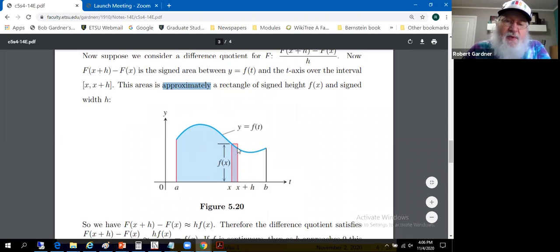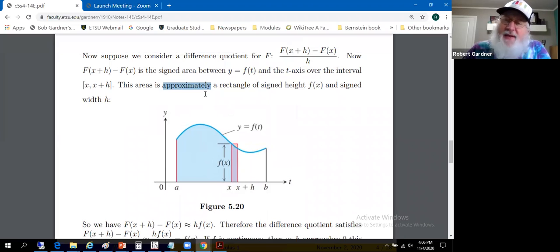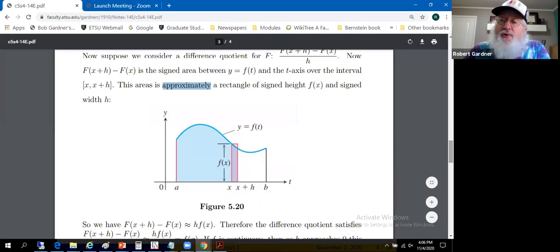You want to say f of x plus h, you want to say something else? I can't really argue with that. It's an approximation. I use x and I get an approximation of this little area here. So this is imprecise. We'll make it precise. All right, so that little area is approximately h times f of x for that little rectangle drawn there.